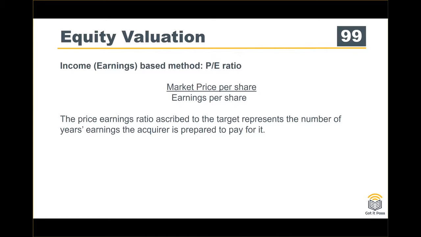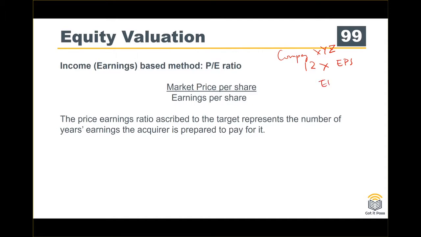Okay, so for example, what does a PE multiple of 12 times mean? If it is a company XYZ, what does it mean? It means the market price is trading at 12 times the earnings per share.